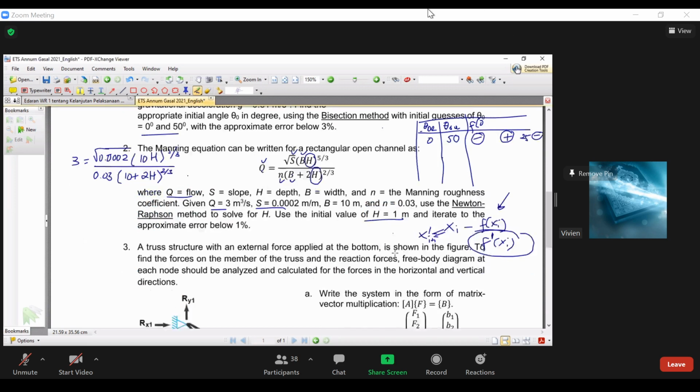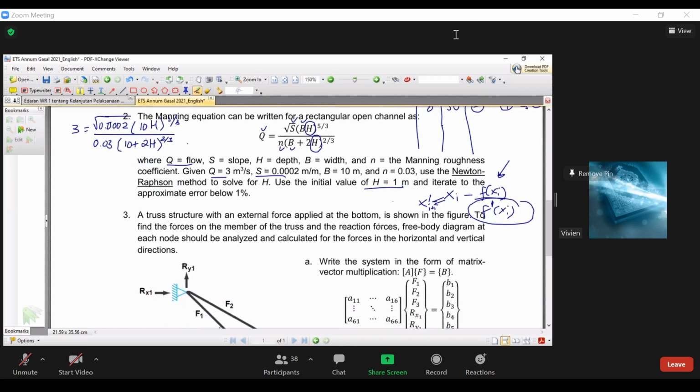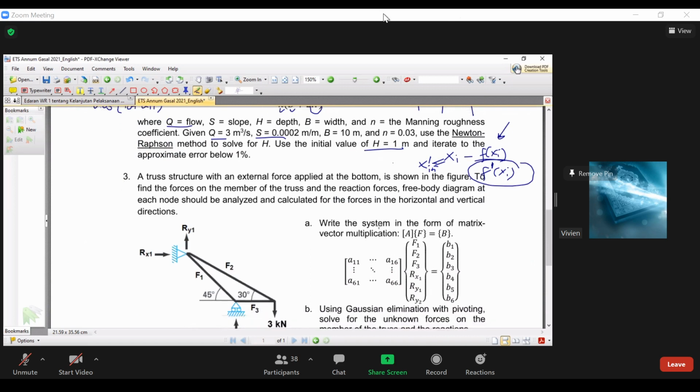So now we will continue on the third question, which is about a truss structure. This is a very simple truss structure.